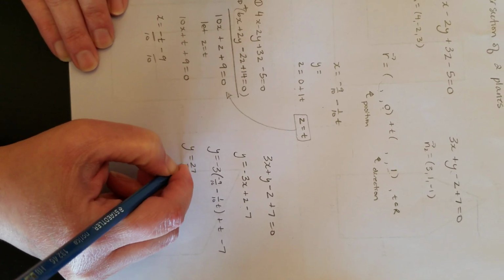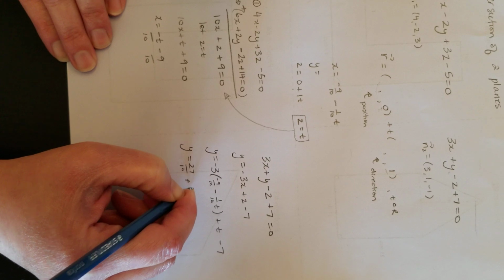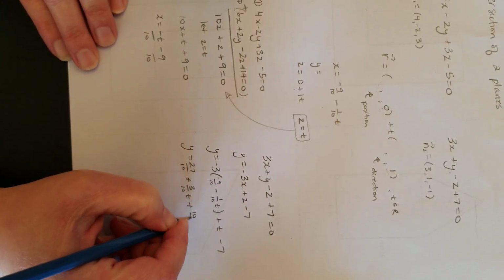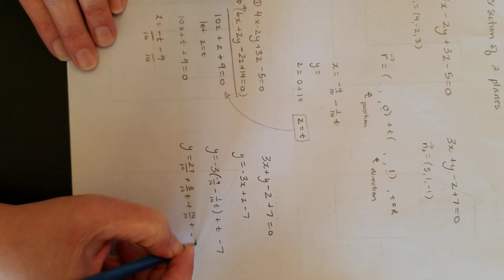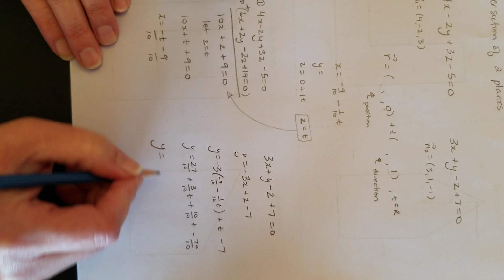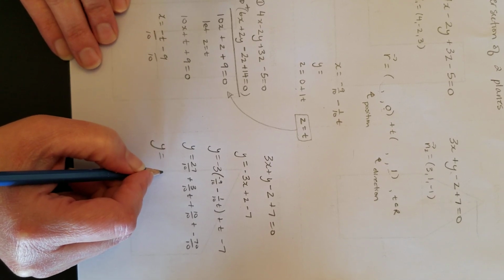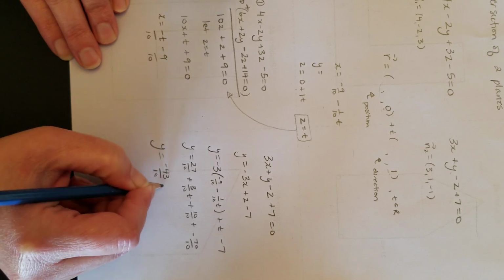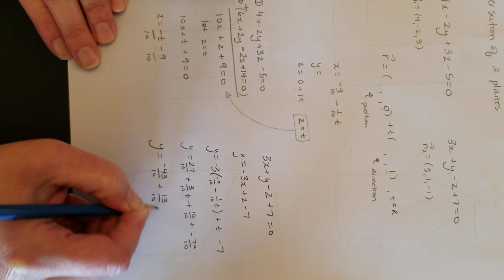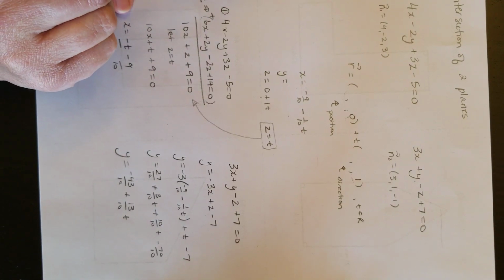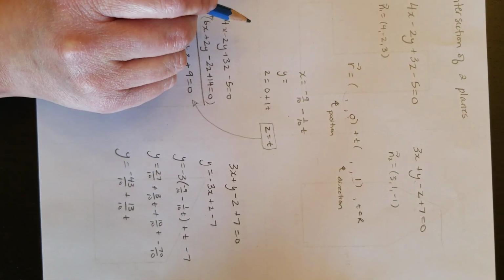So 27 over 10 plus 3 over 10t, and I'm going to use a common denominator here, plus 10 over 10t minus 70 over 10. I hope I don't make any little mistakes here, but I should get negative 43 over 10 plus 13 over 10t. So that gives me the y value in the parametric form as well.